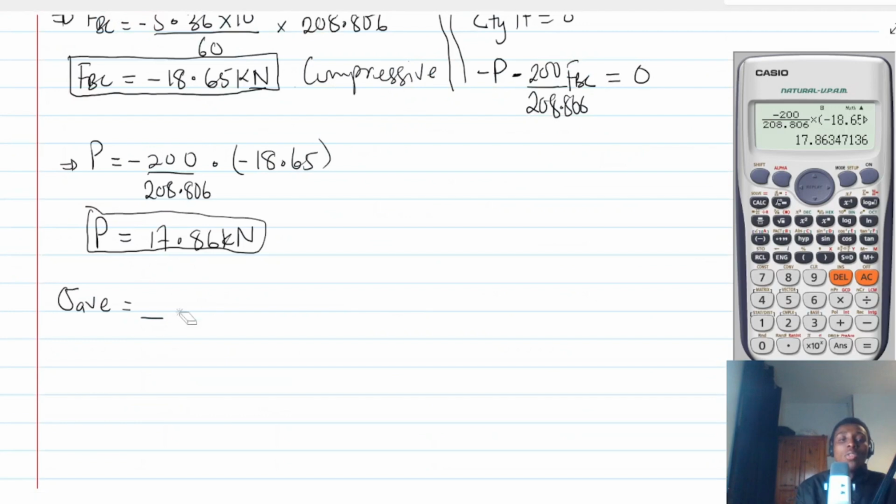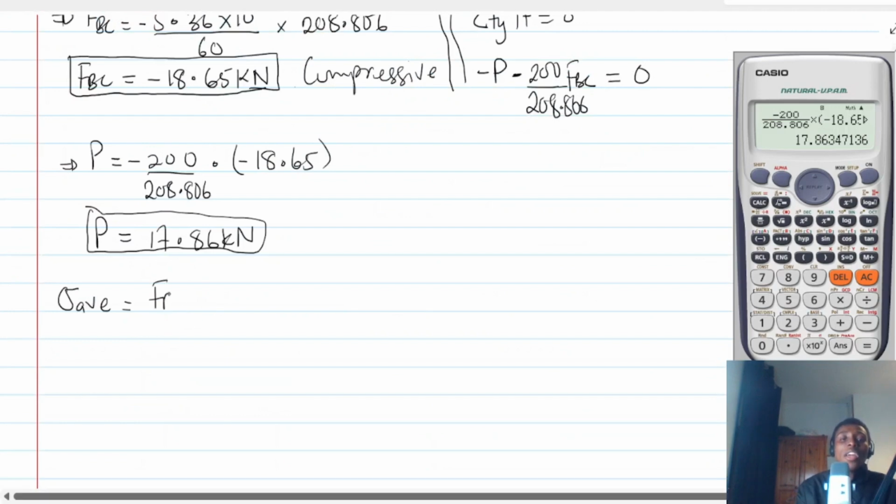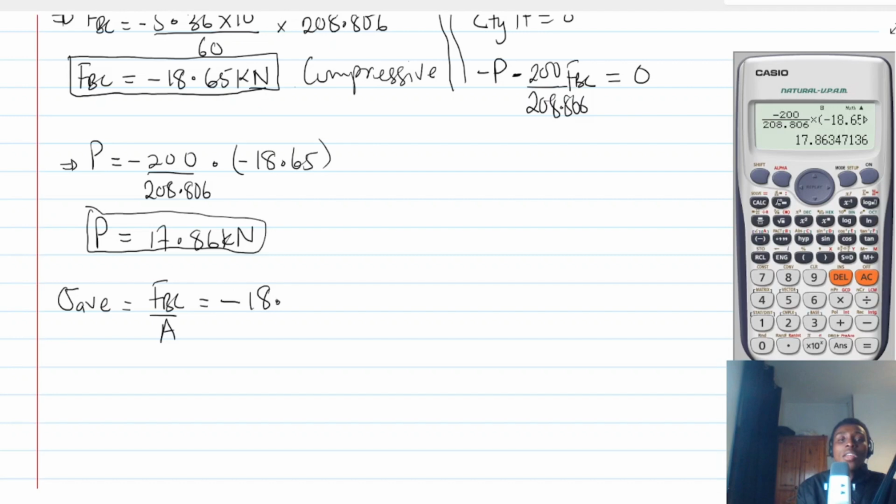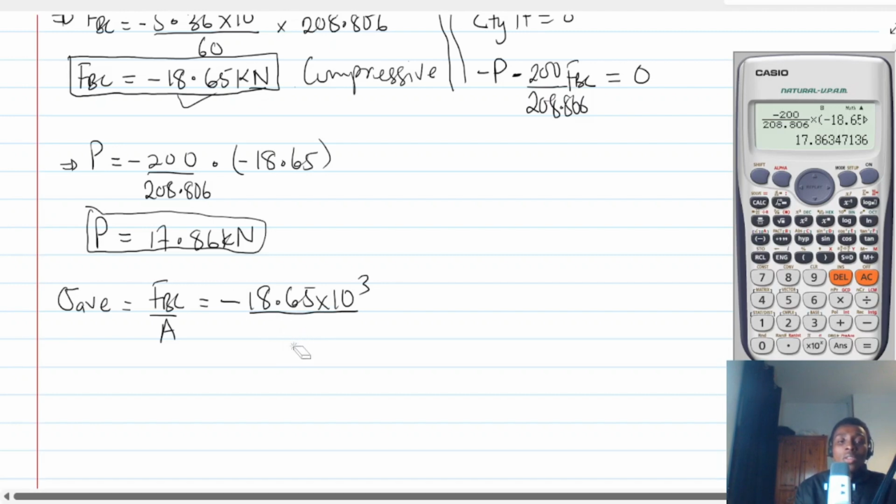So we are going to use the load on the BC, which is the FBC divided by the cross-sectional area. So the compressive stress will be minus 18.65, which is the load FBC, times 10 to the power 3, and then the cross-sectional area is what? 450 millimeter square.